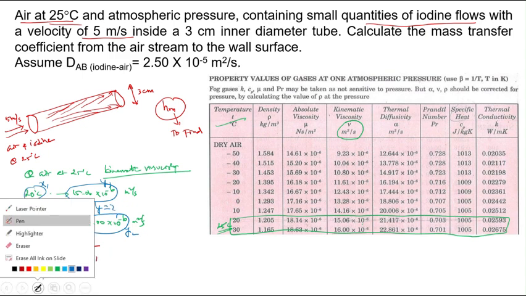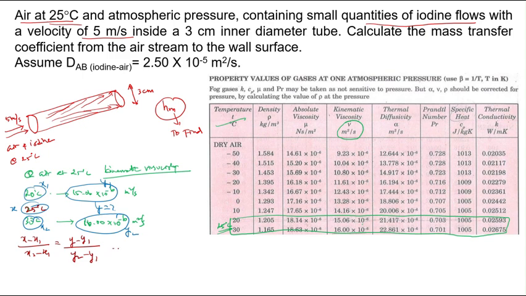After substituting the values, (25 minus 20) divided by (30 minus 20) is equal to (y minus 15.06 into 10 to the power of minus 6) divided by (16 minus 15.06) into 10 to the power of minus 6. By using interpolation, you may find the kinematic viscosity at 25 degrees Celsius, which is approximately 15.7 into 10 to the power of minus 6 meter square per second.